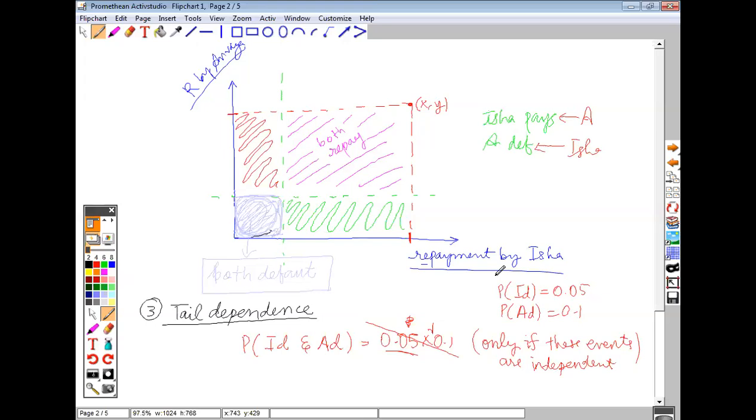In the lower tail I get the chance that she will default, and the lower tail is what I'm worried about. Remember, in the extreme value scenario, what we were worried about the most was the right tail, where the loss would be maximum. Here, what we are worrying about is the lower tail. So this is the lower tail, and that would be your upper tail.